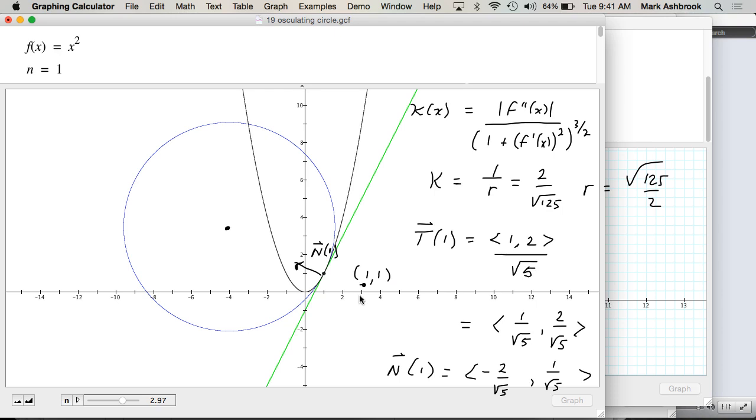1 plus radical 125 over 2 times negative 2 over radical 5. So times the distance. Yeah, so I'm doing it all at once. If you want to find this vector first, it won't have the plus 1 on it. It'll just be the radical 125 over 2 times negative 2 over radical 5.